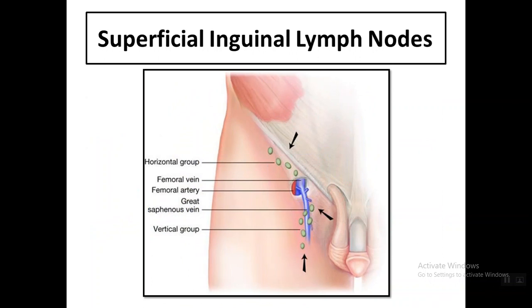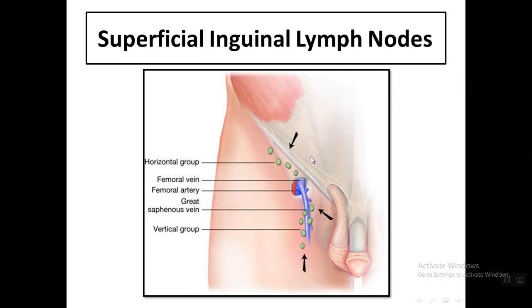Now we come to an important subject, which is the inguinal lymph nodes. First we will look at the superficial inguinal lymph nodes. As we said, superficial means in the superficial fascia of the femoral area.